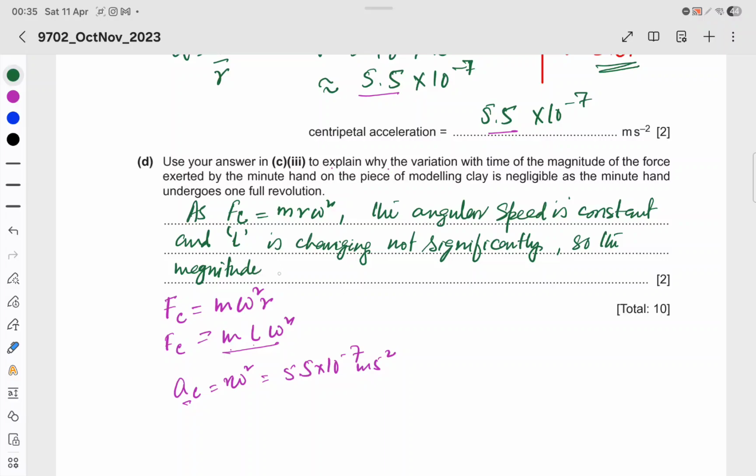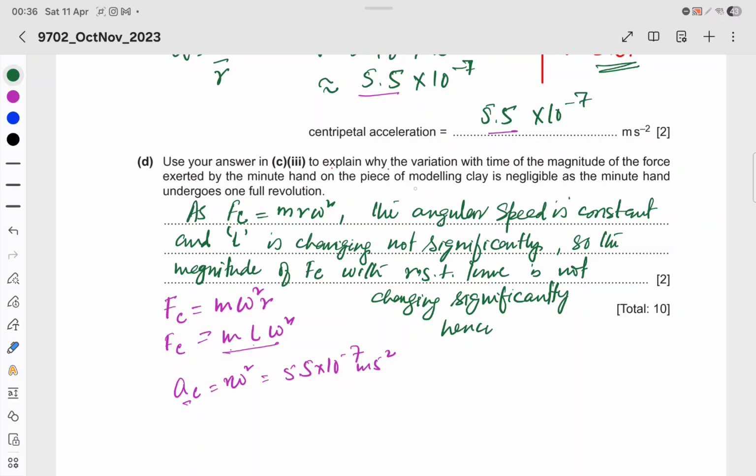So the magnitude of centripetal force with respect to the time is not changing significantly, so hence it's negligible, right?